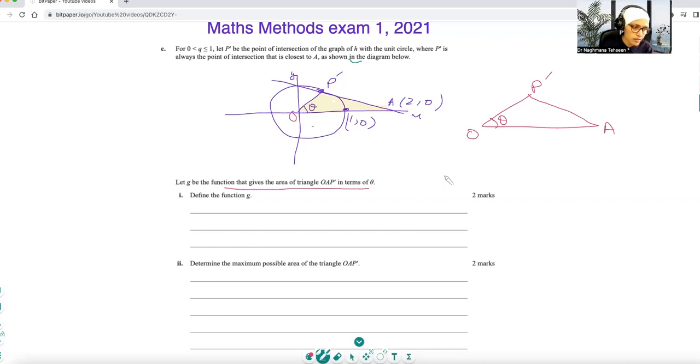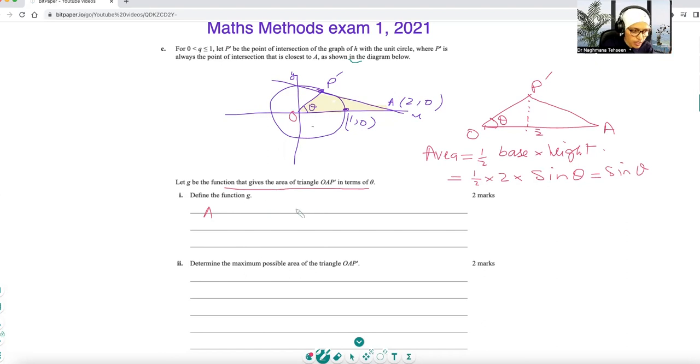For that triangle, the area is half times base times height. So in this case, the area is equal to 1/2 times the base length, which we know is 2. And the height would be sine theta. So that gives us that the area is equal to sine theta.